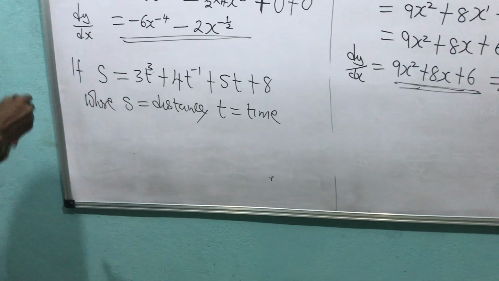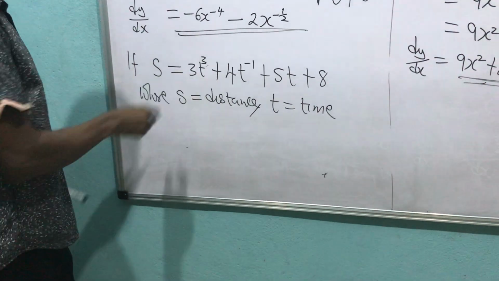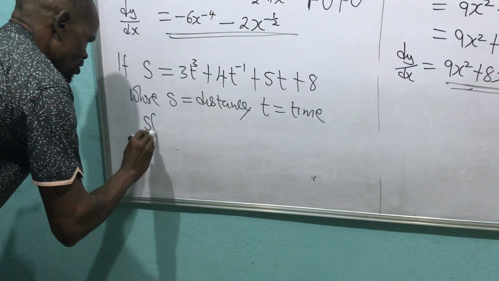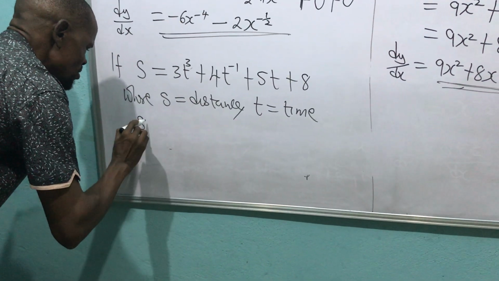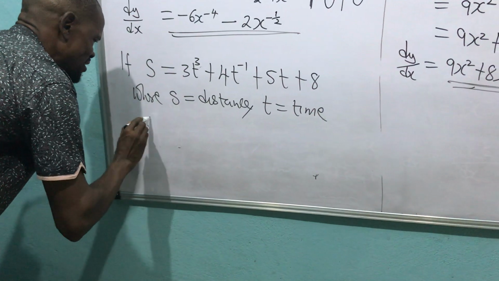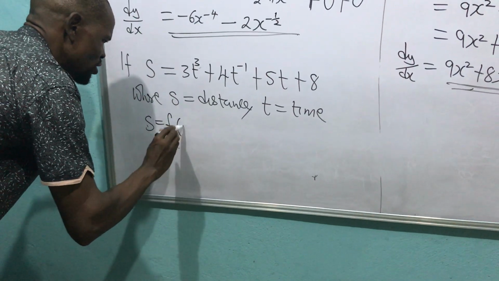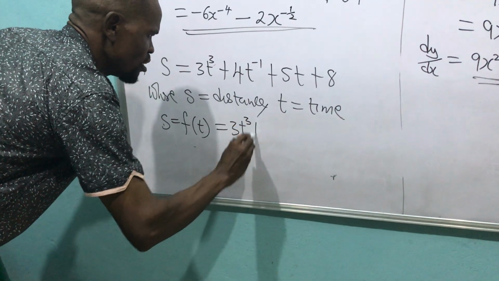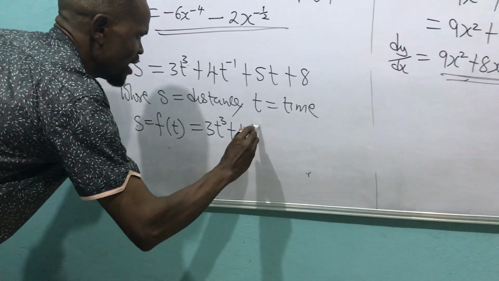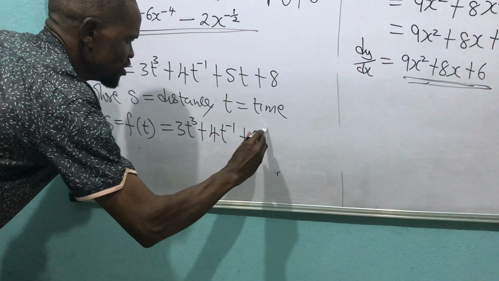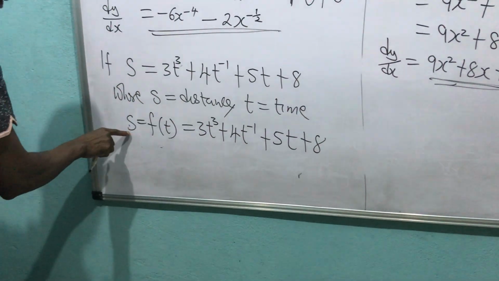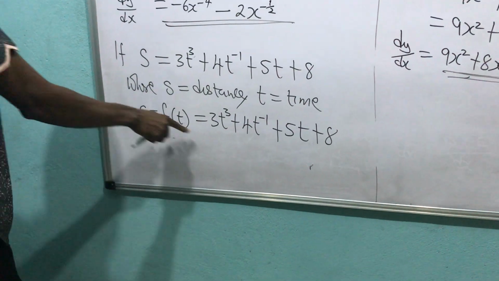What does it mean? It means that distance is a function of time. I can write this as x of t is equal to a function of t, and is equal to 3t cubed plus 4t to the power minus 1 plus 5t plus 8. What does this mean? That distance is a function of t and is equal to this.